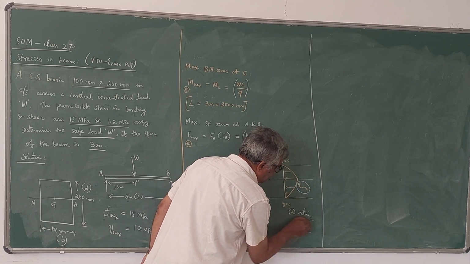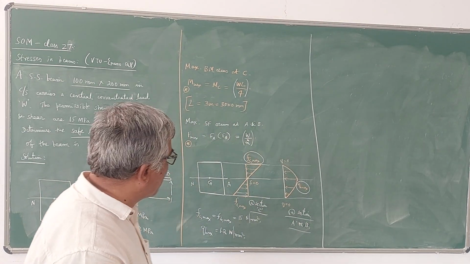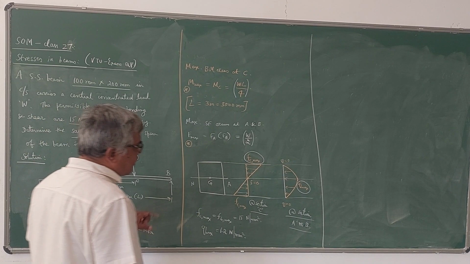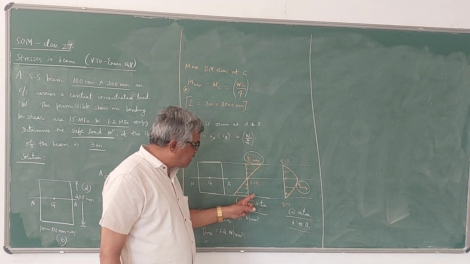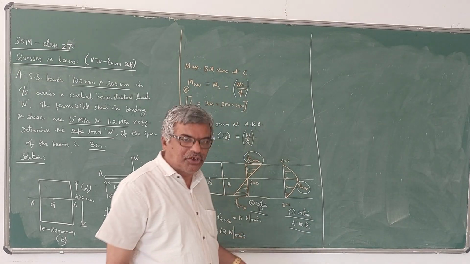In this case, bending moment is maximum at C, shear force is maximum at A and B. Therefore, for analysis, we have to consider the section at C for bending, section at A or B for shear.